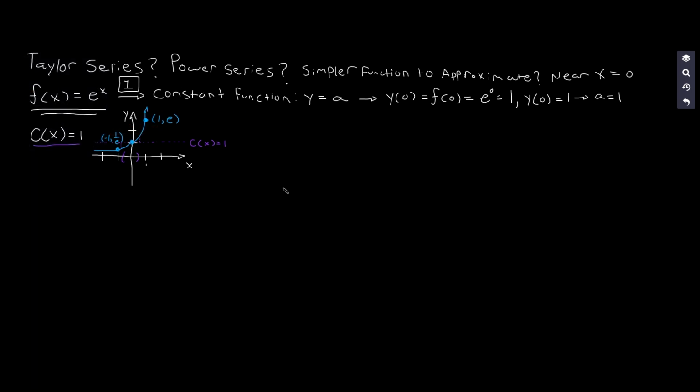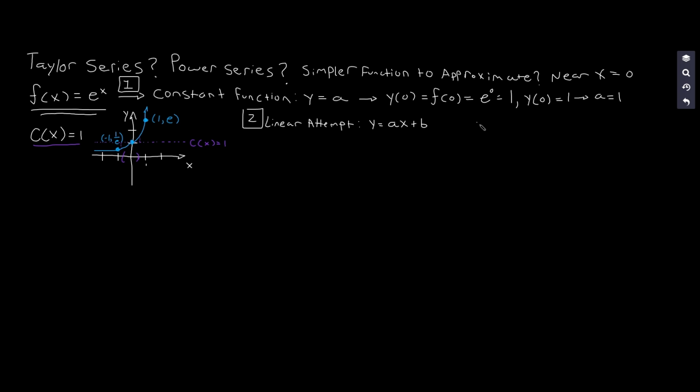Now we're going to do a second attempt because we're not really satisfied with that. Let's do a linear attempt. That's going to be y equals mx plus b. But instead of m for the slope, let's do a for the slope, since we were rolling with that before, right? So y equals ax plus b.